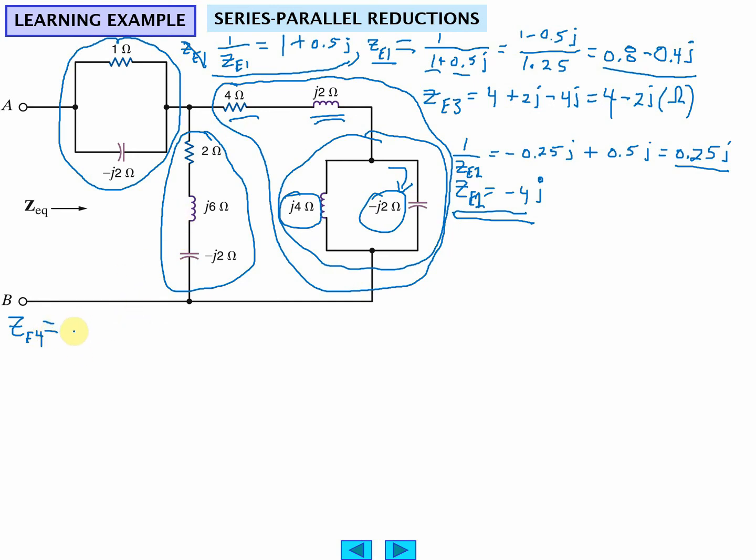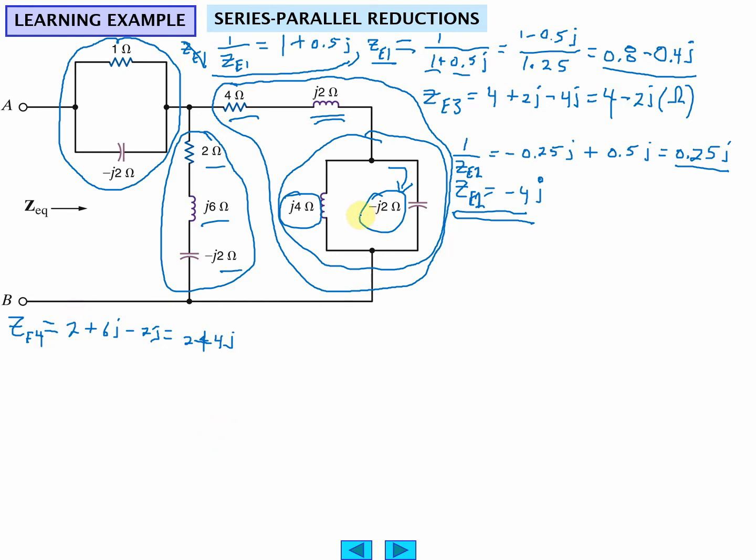ZE4 equals 2 plus 6J minus 2J, sum these three together, 2 plus 4J. And that's a plus sign again. Make it big and obvious.